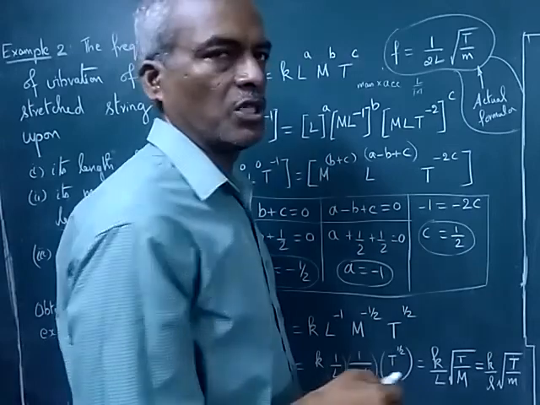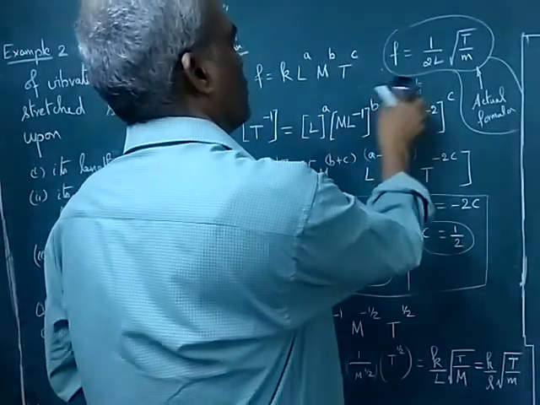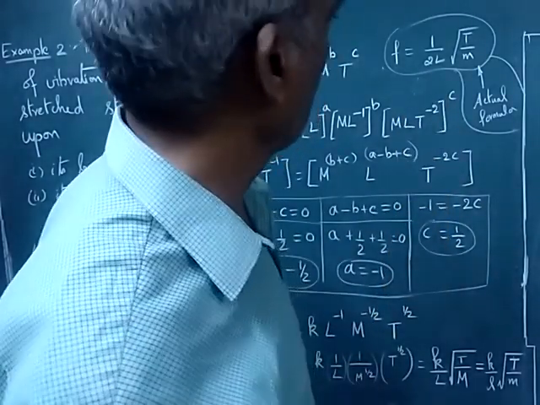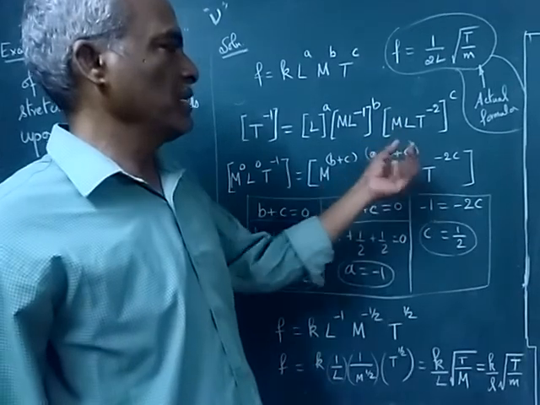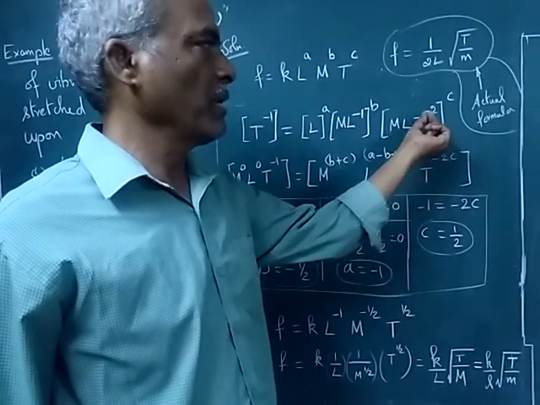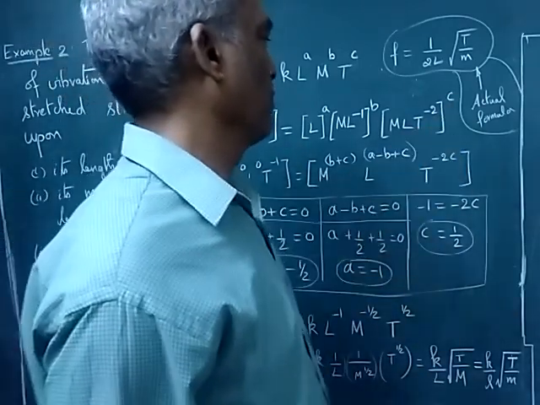Time into time is t square. When it goes to the numerator, t power minus 2. Therefore, the dimensional formula for force and tension are both the same. That means for tension T, mass into length into t power minus 2, where t means time, whole power c.